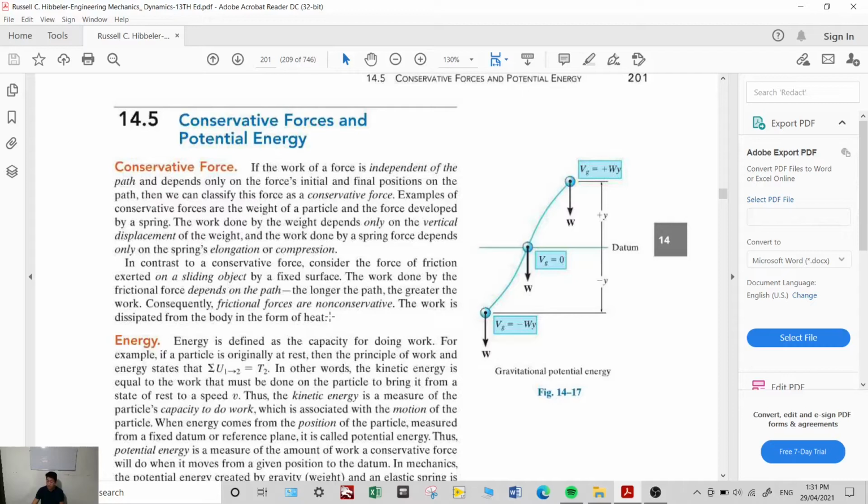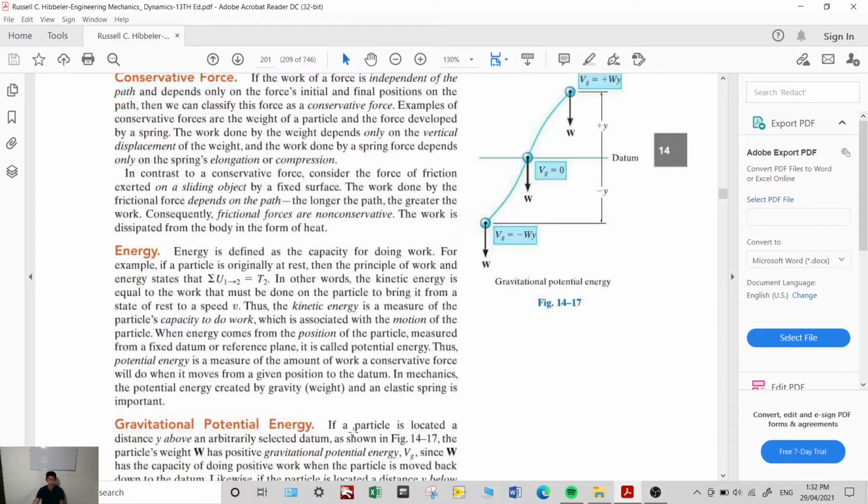So it depends on the path. If you slide your object, for example, on a smooth surface compared to a rough surface, more work is done on the rough surface, or more work needs to be exerted. Meaning, it is dependent on the path it passes through, so it does not depend on the final and initial position.